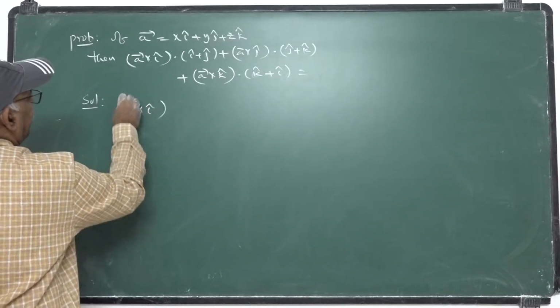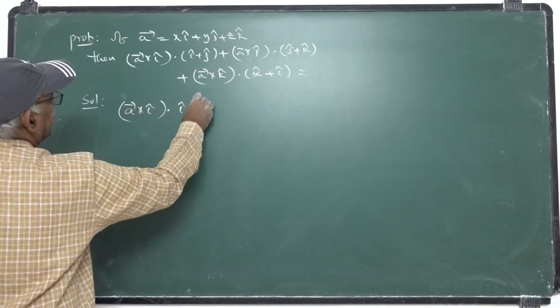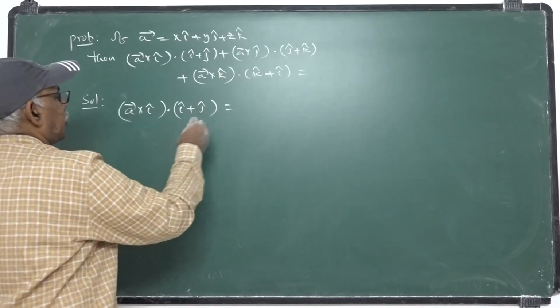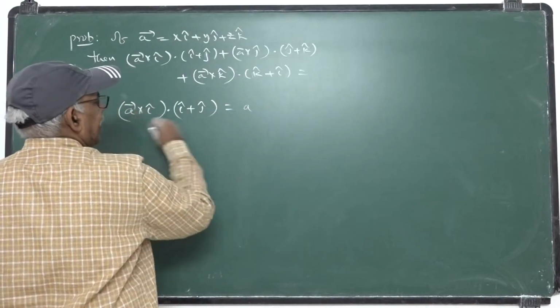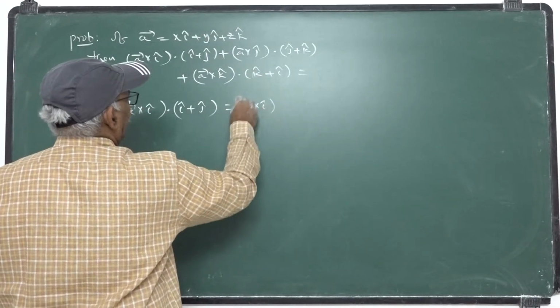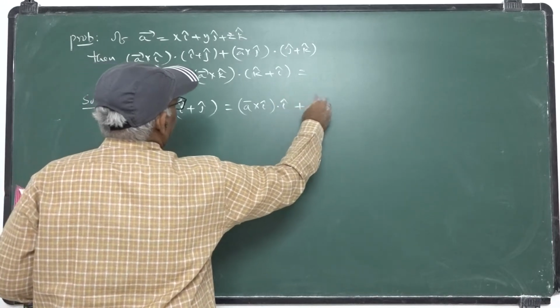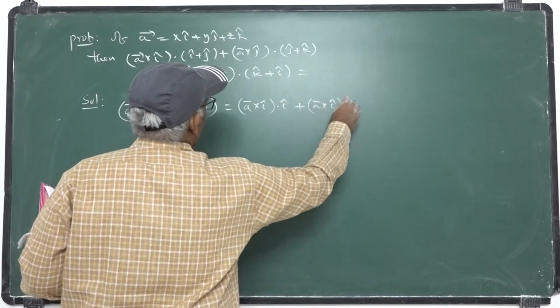A bar cross I dot I plus j. Dot product is distributive, treating this as one vector: A bar cross I dot I plus A bar cross I dot j.